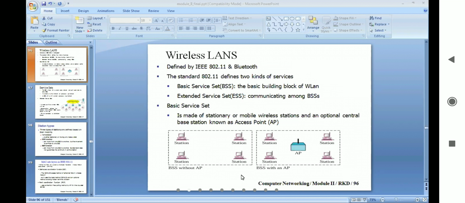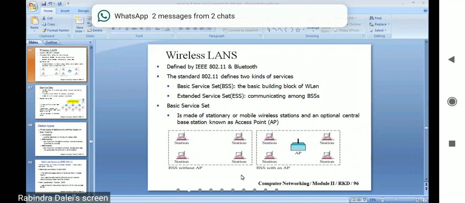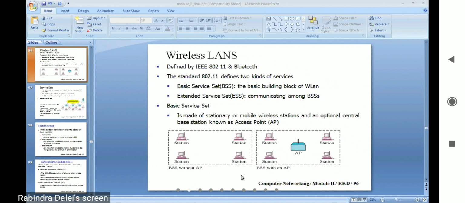And this type of wireless LAN is known as the ad hoc network. So an ad hoc network is one type of wireless LAN where you don't require any infrastructure. It is an infrastructure-less wireless LAN.